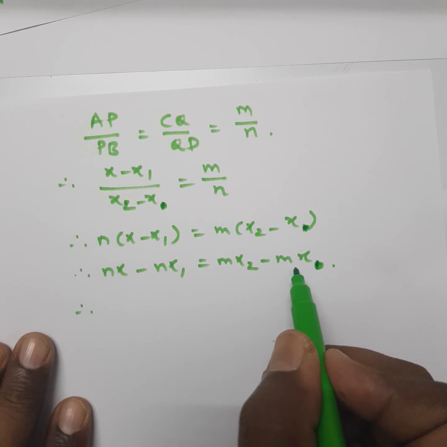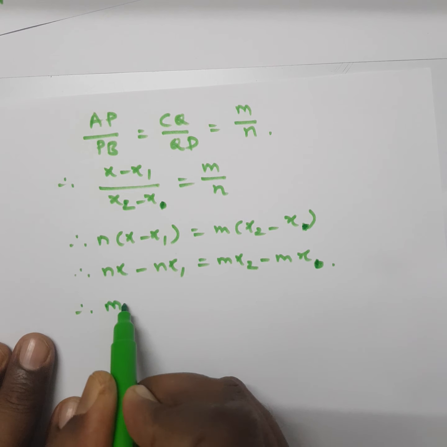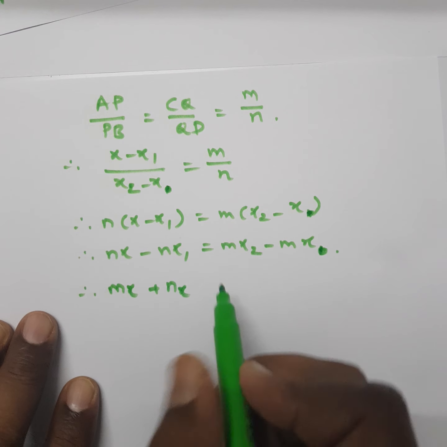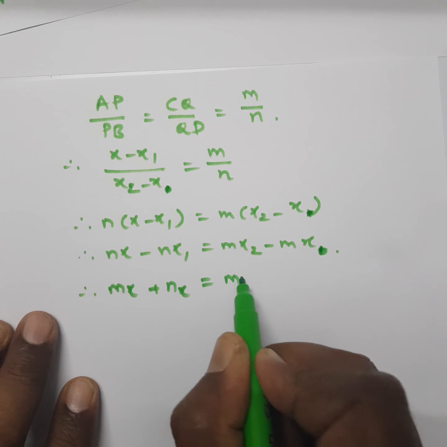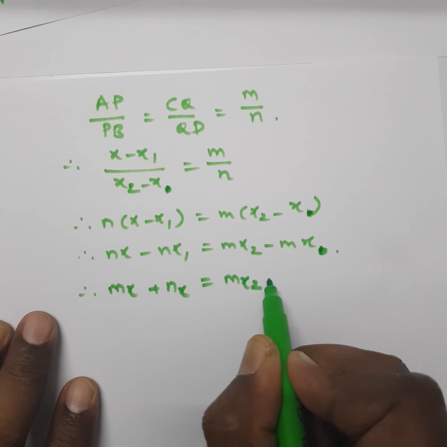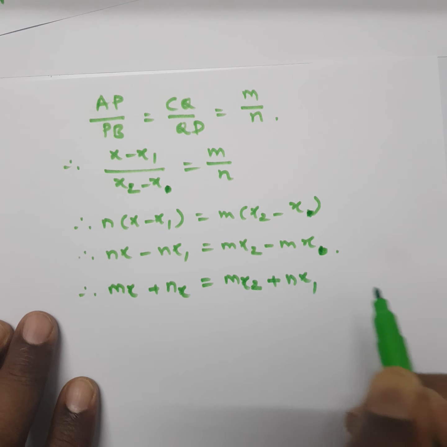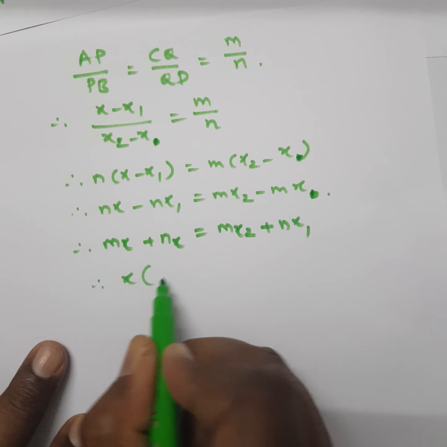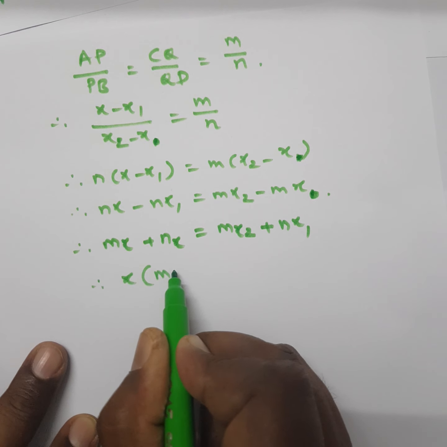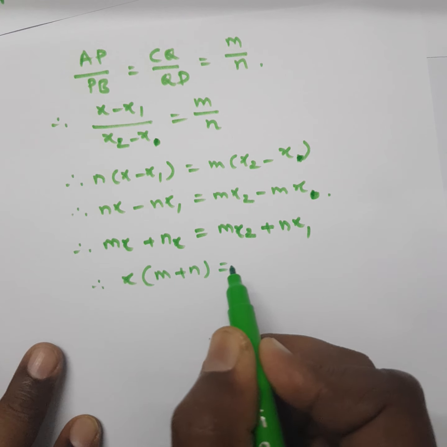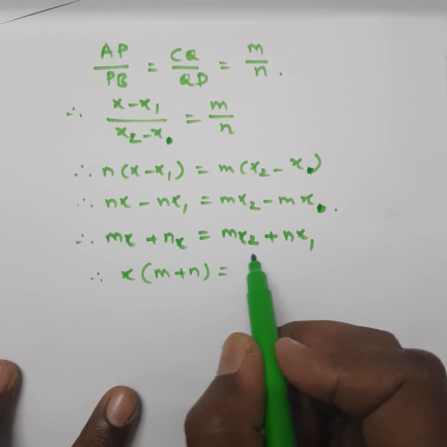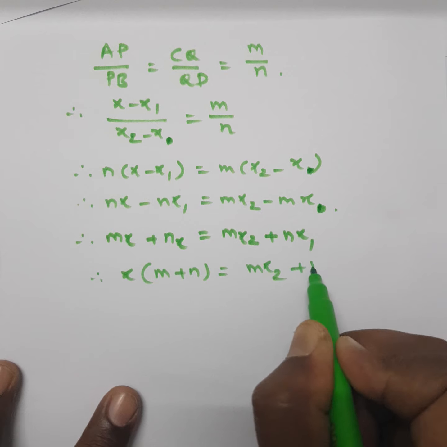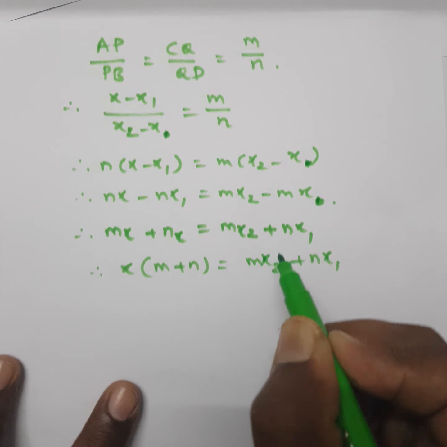Therefore, if we change the side of mx, it will be mx plus nx is equal to mx2 plus nx1. Therefore, taking x common, (m plus n)x is equal to mx2 plus nx1.